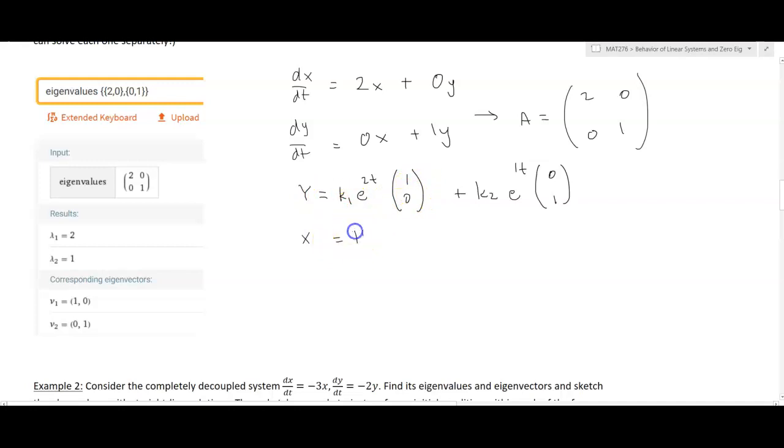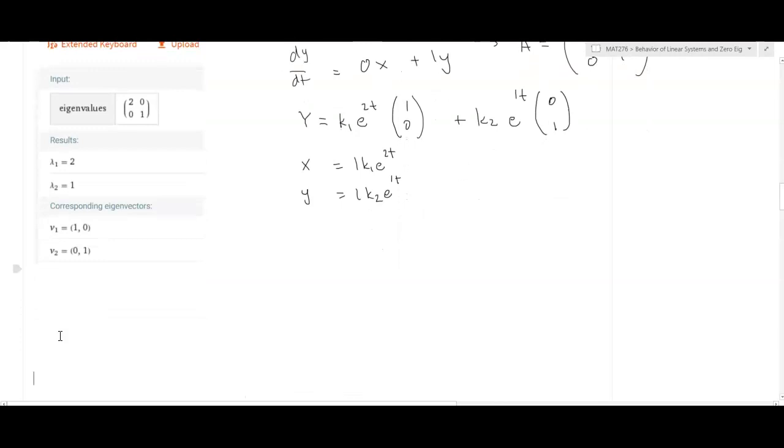So we'll have 1 times k1 e to the 2t, and then k2 e to the 1t times 0, so we're not going to write any other terms there. Here we'll have k1 e to the 2t times 0 for y of t, k2 e to the 1t times 1 for y of t, and so we end up with exactly what we thought we were going to get. So that's very, very nice, a very handy approach to being able to solve these.